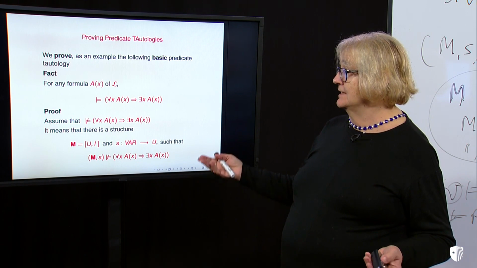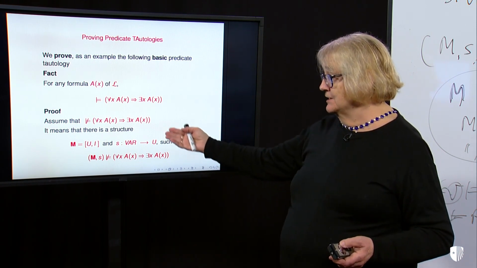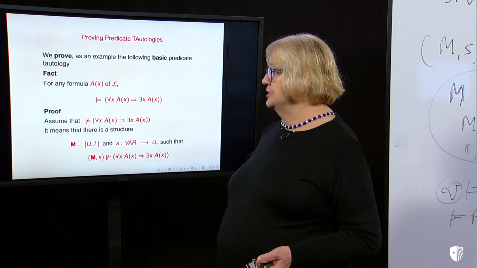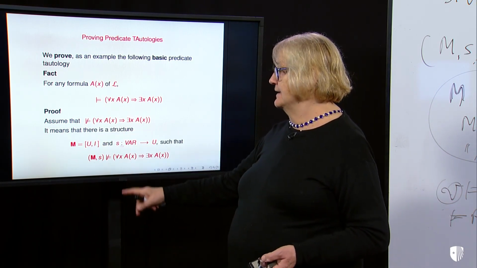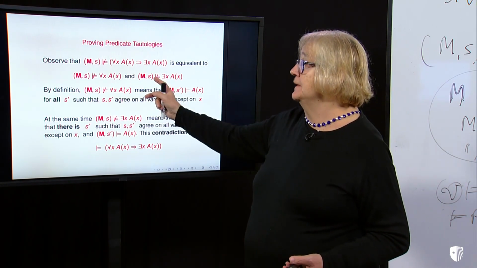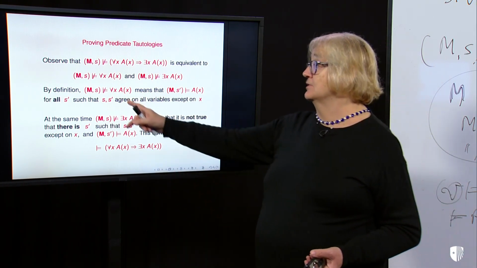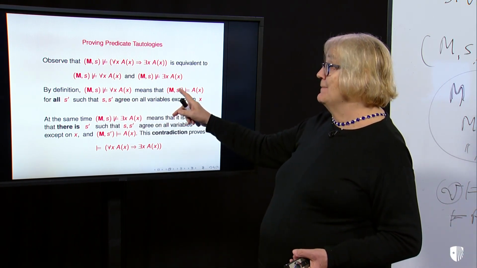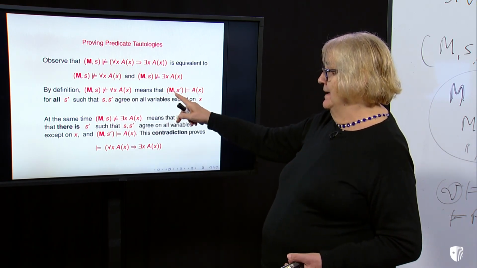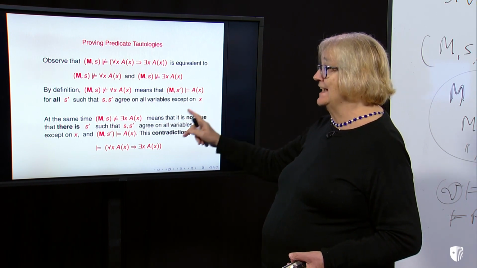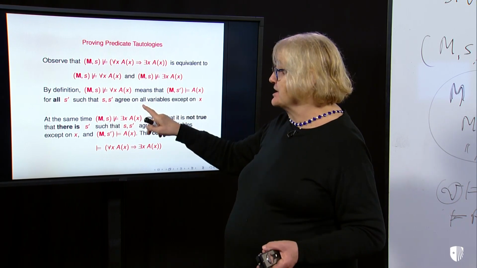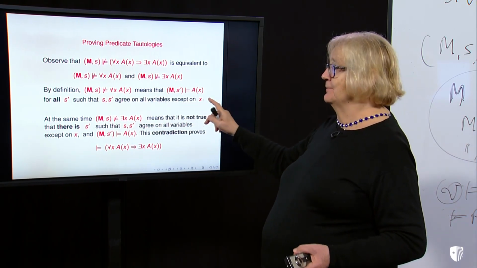For all x A(x) implies there exists x A(x). Assume that it is not a tautology. It means that you have a structure M and an S such that it does not hold, and that is equivalent to this. By definition, M, S does not satisfy for all x A(x) means that M, S prime satisfies not A(x) for some S prime such that S and S prime agree on all variables except x.